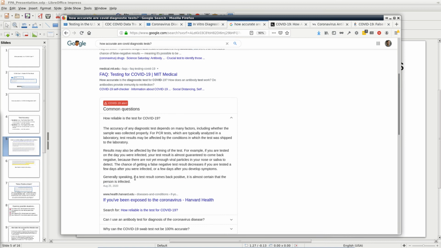They're not saying that if you're tested and it's positive and then you're retested and it's positive. Basically, they're saying that it's so accurate that it's basically 100% true.